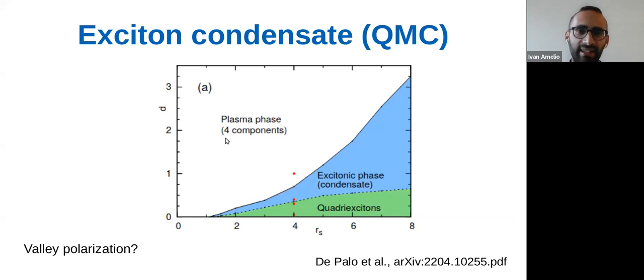At finite doping, when you have charges, you will rather form a plasma phase in which the electrons and the holes are not bound to each other, but still there is some excitonic condensate region, and also possibly some quadri-exciton, more complex phase.